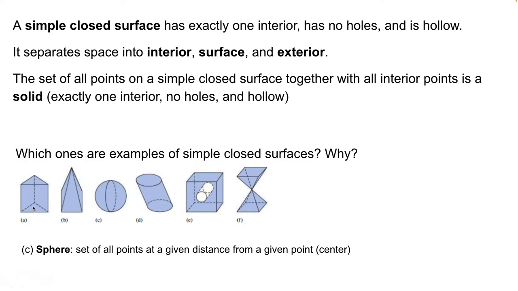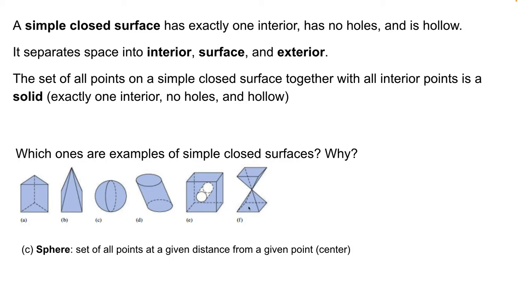It is because it is solid and there's exactly one interior, there's no hole, and it's hollow, right? Same for this, same for this, same for this. How about this one? It's not, because there's a hole, right? There's a hole, so it is not a simple closed surface.